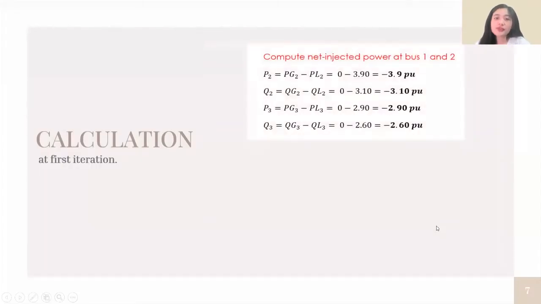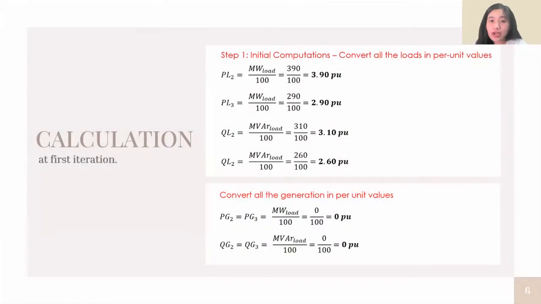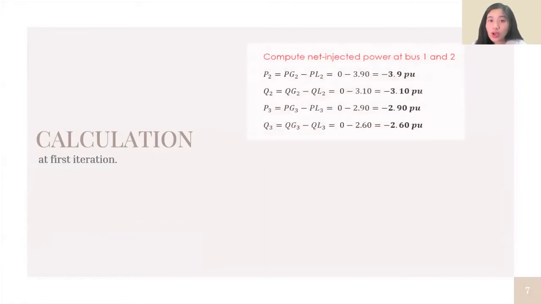Then, as for the next step is that we have to compute for the net injected power at bus 1 and bus 2. So, how are we going to get that? We have this formula, PG2 minus PL2. So, basically lang, yung kaninang kinompute natin for our load and generation, itong data na to, is that we are just going to subtract them. So, our PG2, lahat ng generation natin is 0.